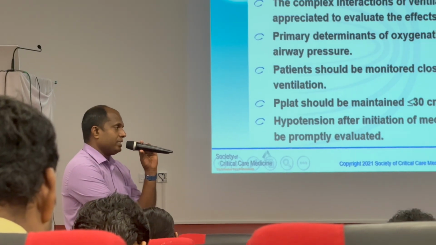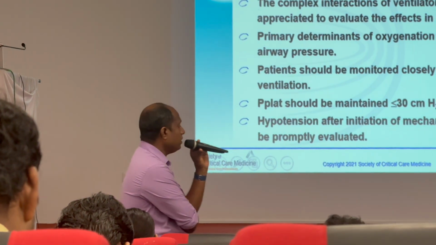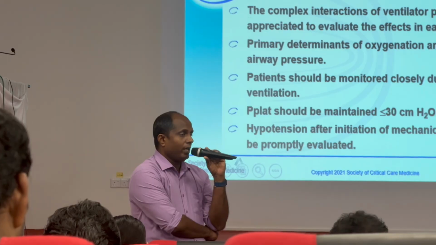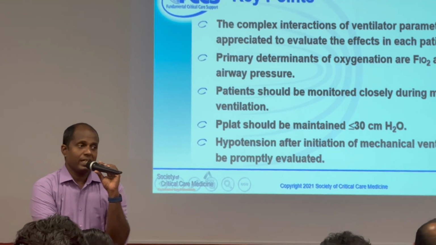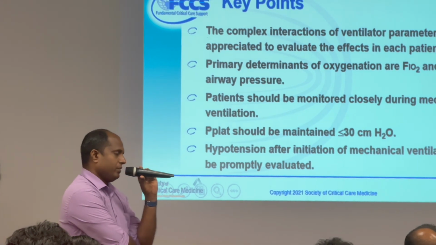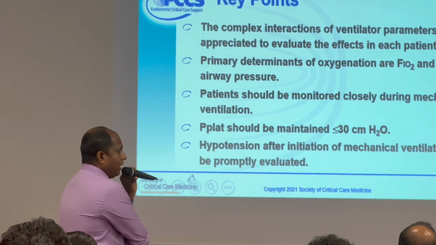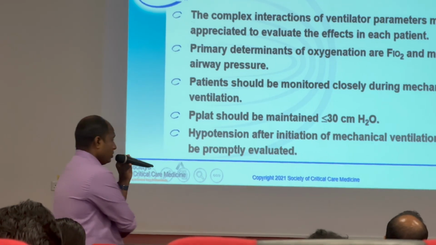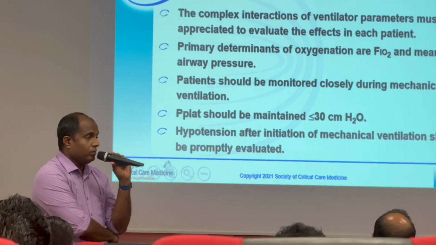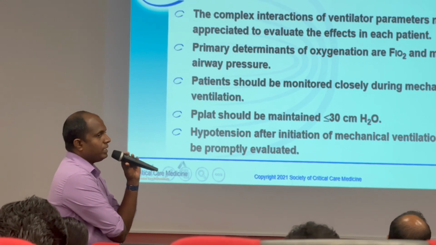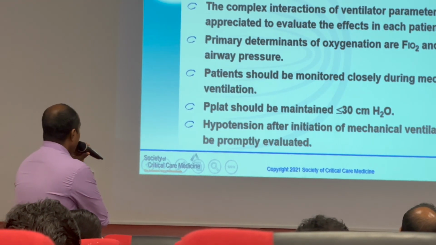You can allow the patient's CO2 to rise. Always look at the pH, not the CO2, and if the pH is not less than 7.2, it's acceptable. That is called permissive hypercapnia. This is about ARDS. Tidal volume is usually 6 ml per kg of ideal body weight, because actual body weight does not represent the lung volume.